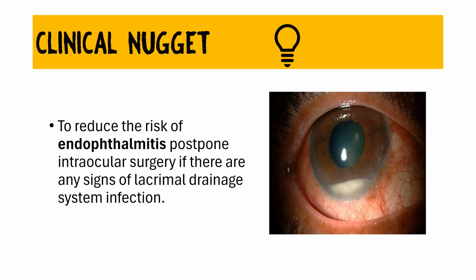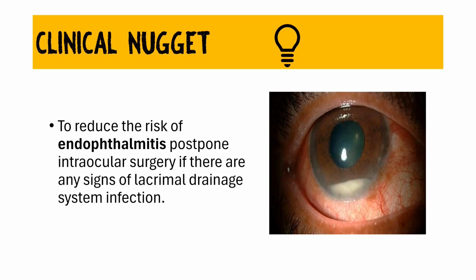Now, there's one very important complication that you must remember, and that complication is endophthalmitis. It is very, very important that you do not proceed with an intraocular surgery if there is any sign of lacrimal drainage system infection.